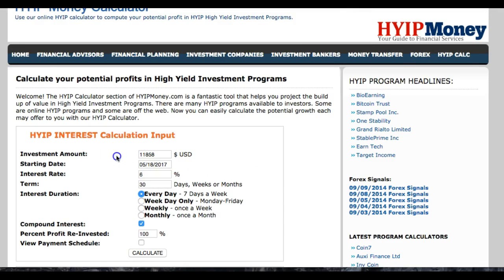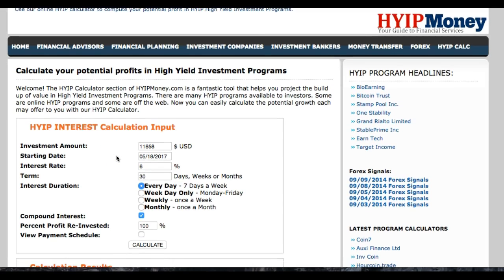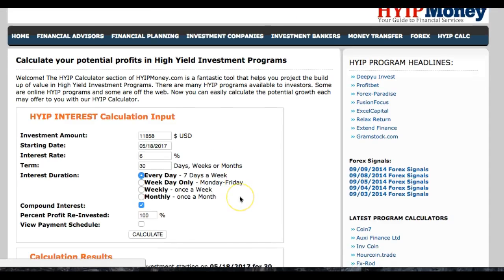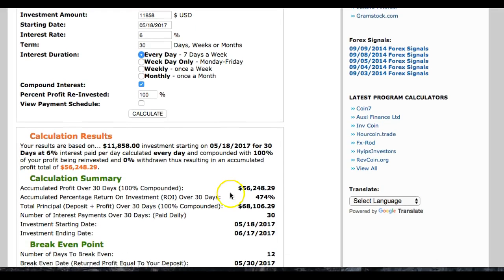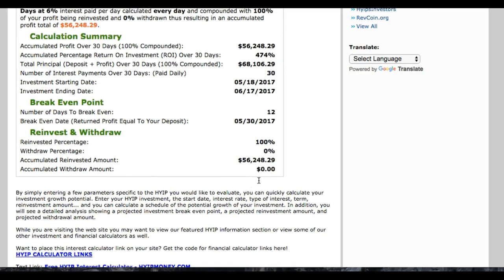Now, obviously, you have to be aware that there could be a certain amount of risk. So being in a position to pull out money is definitely a benefit. And so in this case, we're going to reinvest one more time, 100%, so a total of 60 days. And that's going to bring our total up to $56,248.